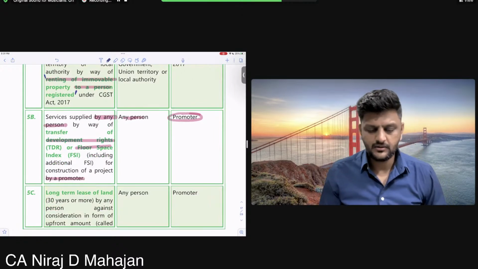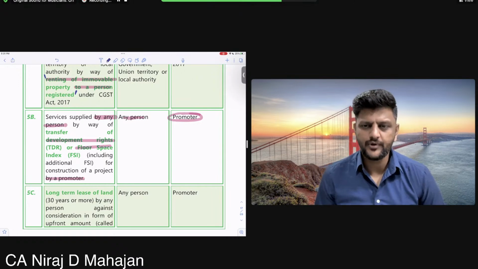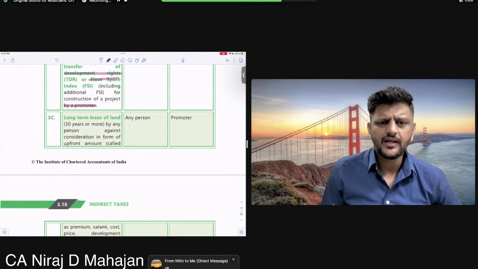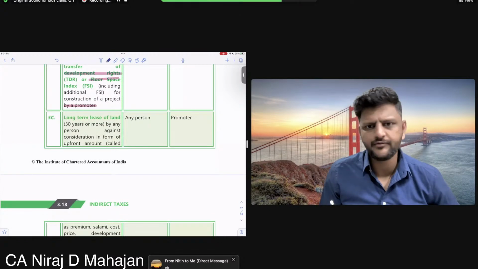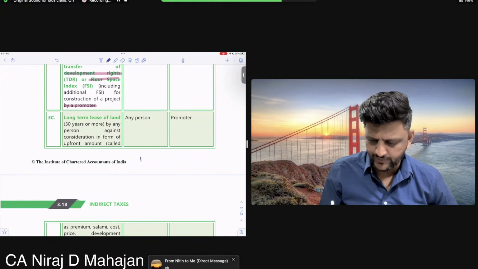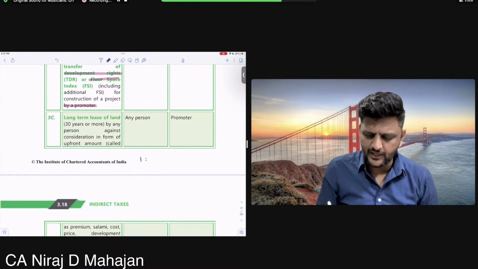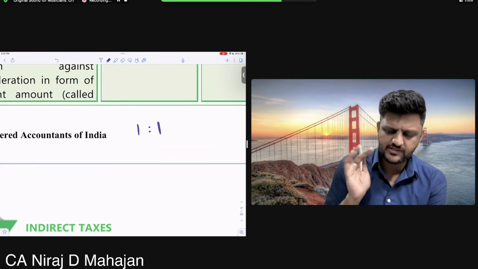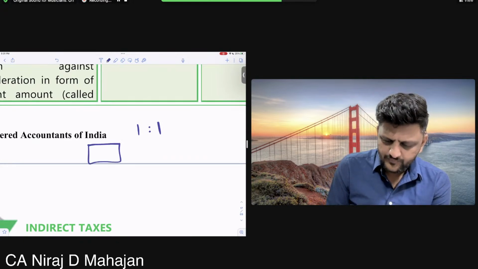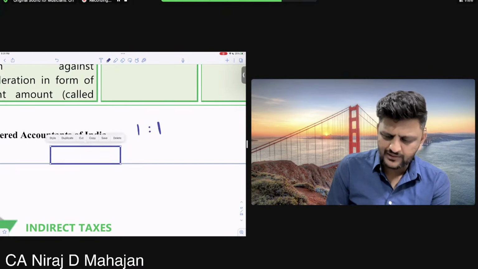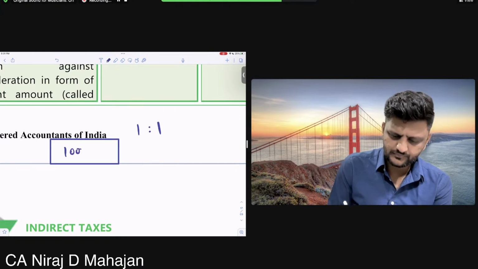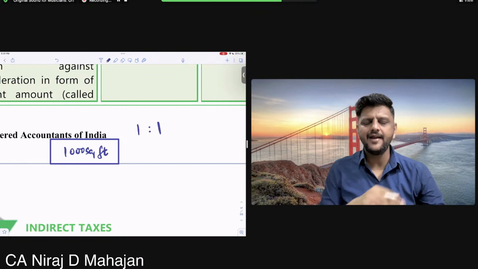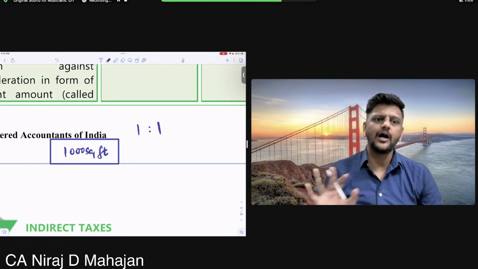Have you heard of TDR? Transferable development rights. I think we have discussed that somewhere in income tax. No? Check. Pay attention. FSI, generally, let me give you an example. If the FSI is 1:1, it depends on area to area, just for the sake of example, if my land is of 1000 square feet, I can construct on it 1000 square feet.